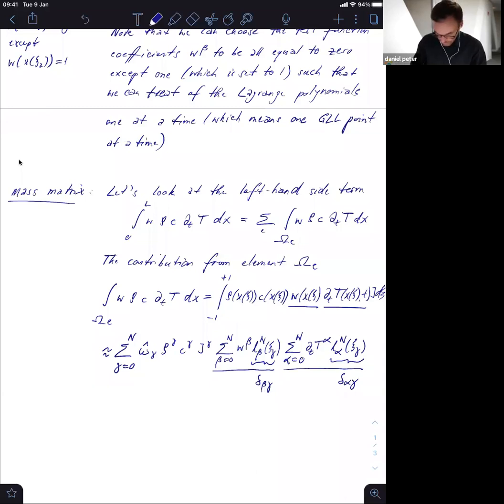So only if beta is equal to gamma, then the Lagrange polynomial is 1. If beta is different to gamma, then the Lagrange polynomial value will be 0 on all the other GLL points. And so for alpha and gamma.